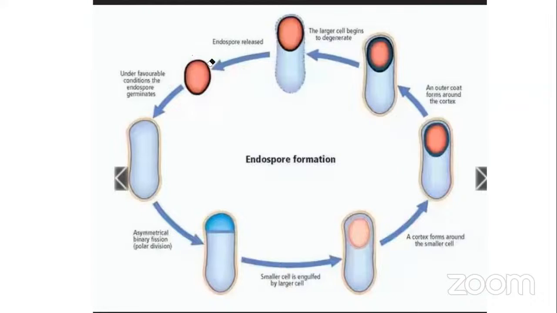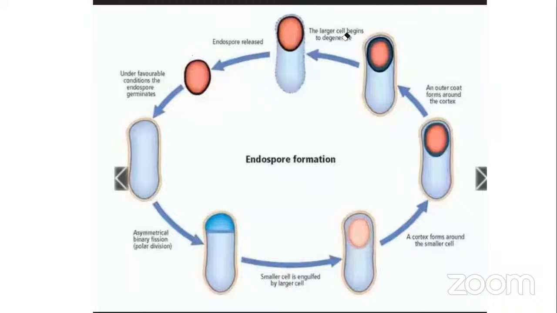Because of these thick layers, it survives during unfavorable conditions, but not the rest of the bacterial cell. With the scarcity of water and food, and high temperature, the bacterial cell would die, but not the endospore. When the conditions reoccur, it develops into a new bacterial cell. Right?